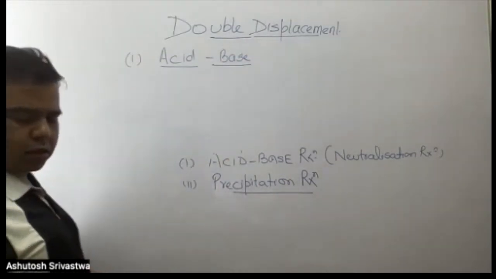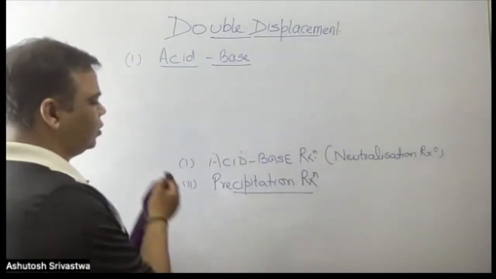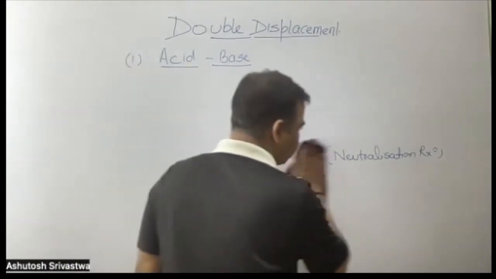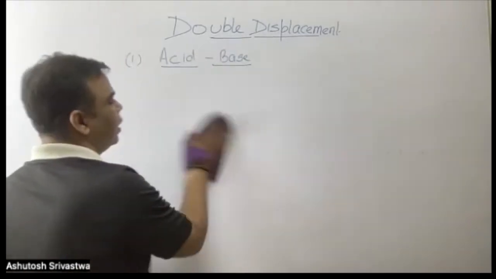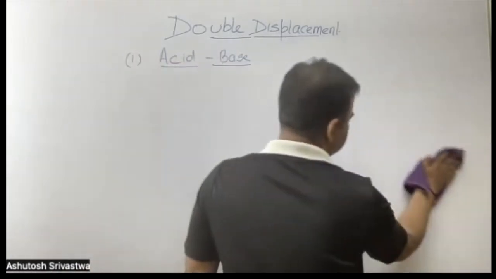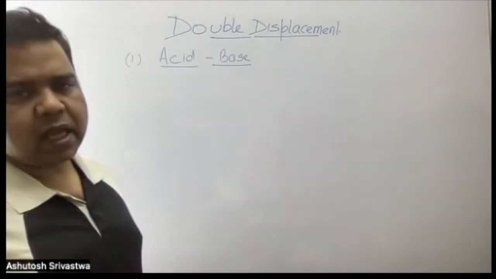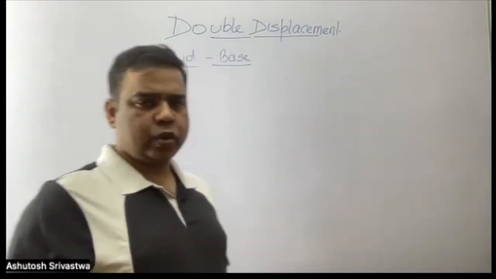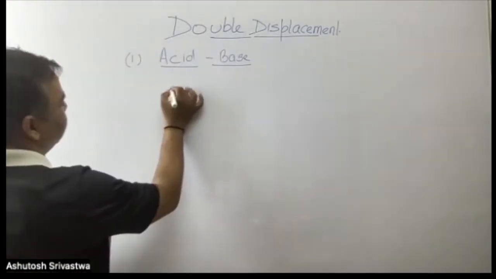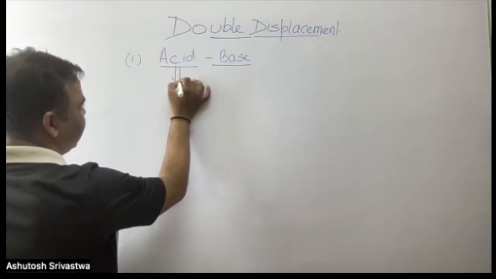Normally the most common definition is that acids are H plus or proton donors and bases are hydroxyl or OH minus donors. We will be covering that in detail also.